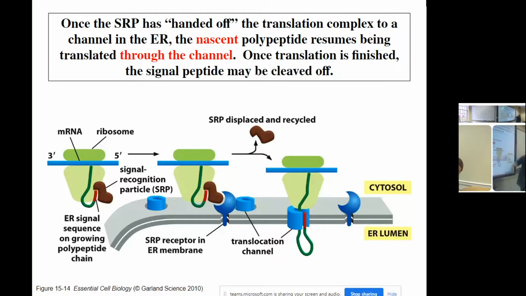But this segment of this protein is going to stay stuck in the membrane. And it will hold this protein together with the membrane unless the cell decides it needs to cut that off.